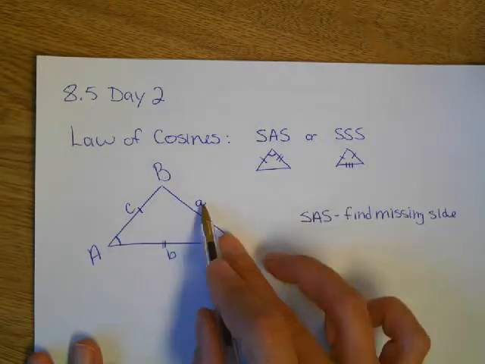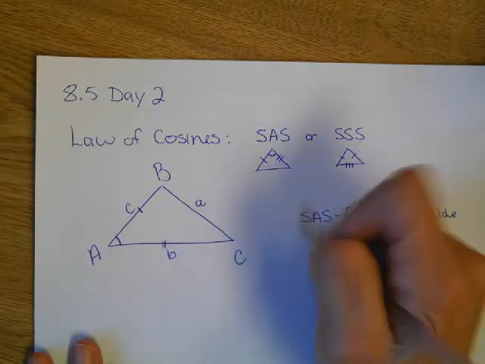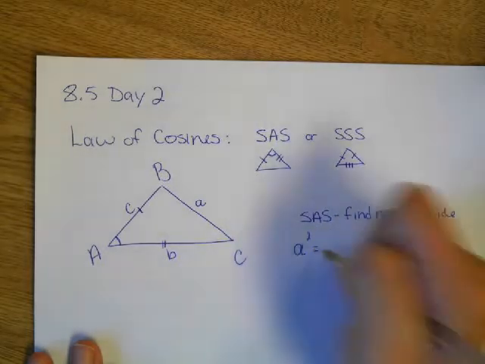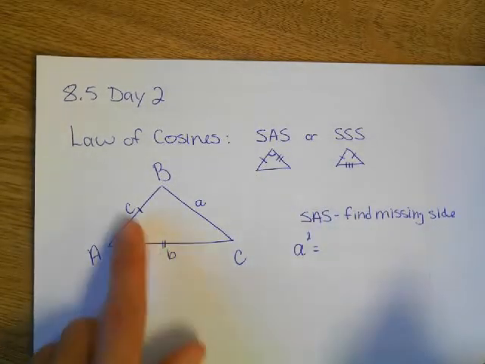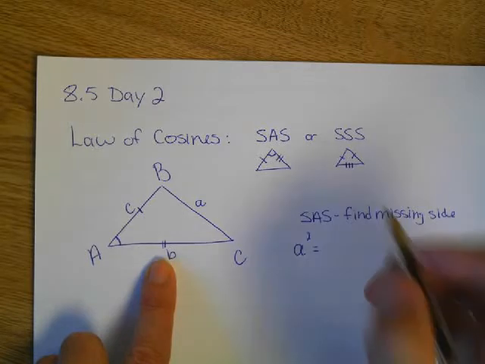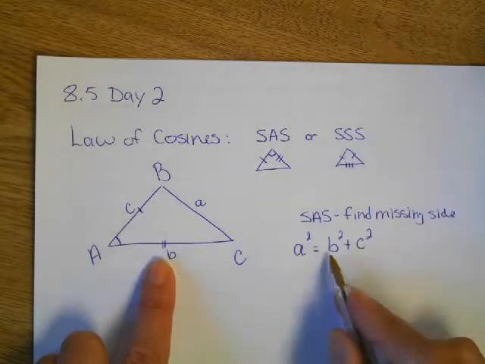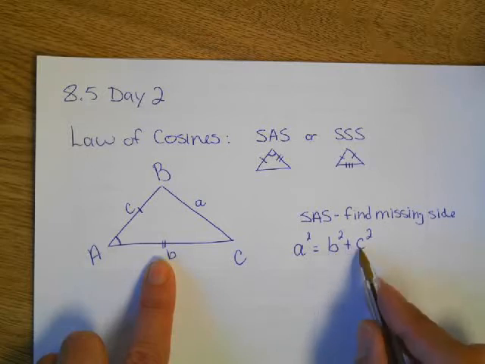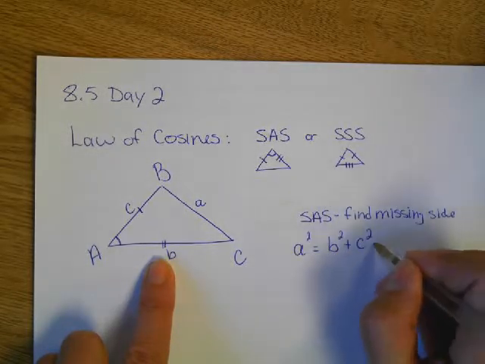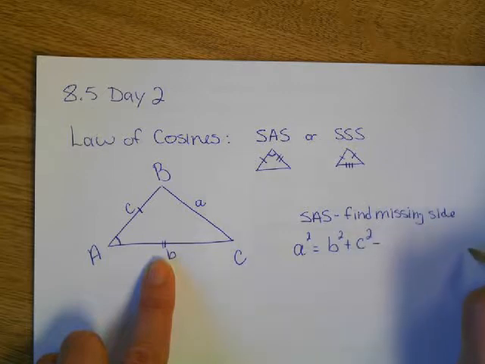And the way it works is this unknown side, little a squared, is going to equal the two known sides squared and added together. So b squared plus c squared. And order doesn't matter here because we're adding the two together. After that, we're going to subtract a big product of things.